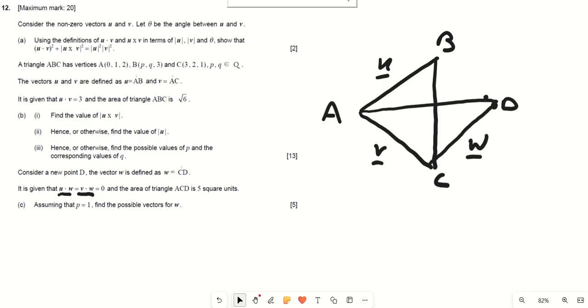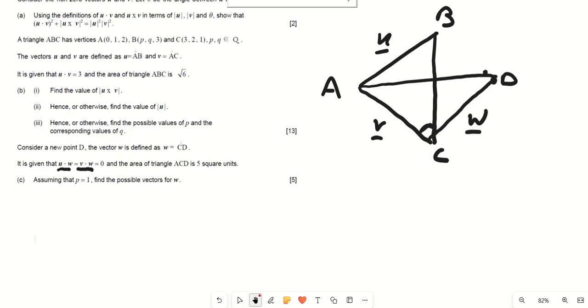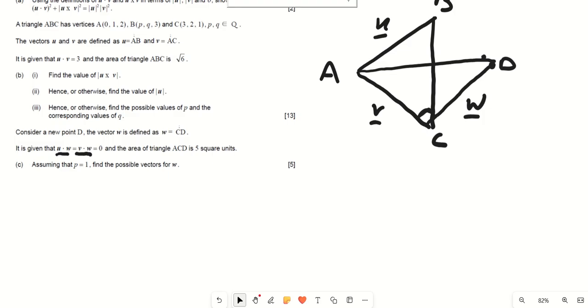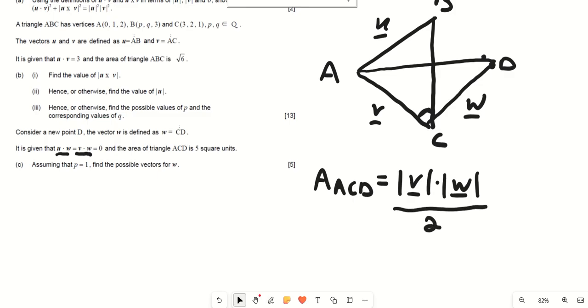And ACD is a right triangle, since W is perpendicular to V. So I can immediately write that the area of ACD is the length of V times the length of W over 2.